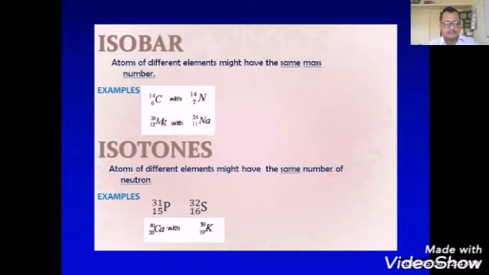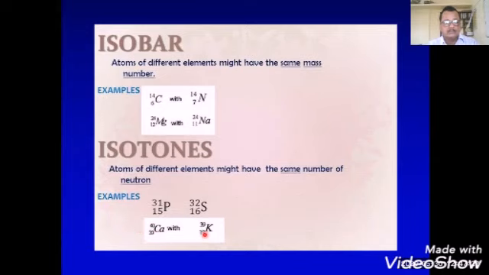Isotones are atoms of different elements but they have the same number of neutrons in their nucleus. So here 20 calcium 40 and 19 potassium 39. So you can calculate the number of neutrons here. The atomic number is 20. So the number of neutrons will be 40 minus 20. It will be 20. So there are 20 neutrons here.